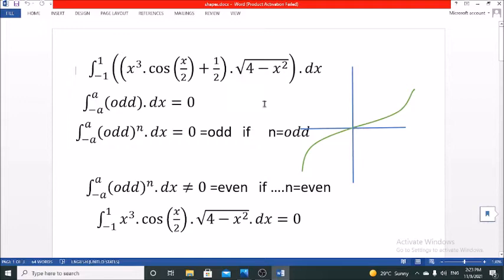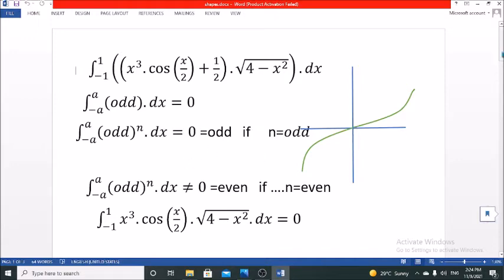Before solving this integration, we have to bear in mind some facts. The integral of an odd function between equal limits, let's say from -a to a, dx, equals 0. The integral of an odd function between two equal limits about the y-axis, such as x raised to the nth power where n is odd, with respect to x is equal to 0.